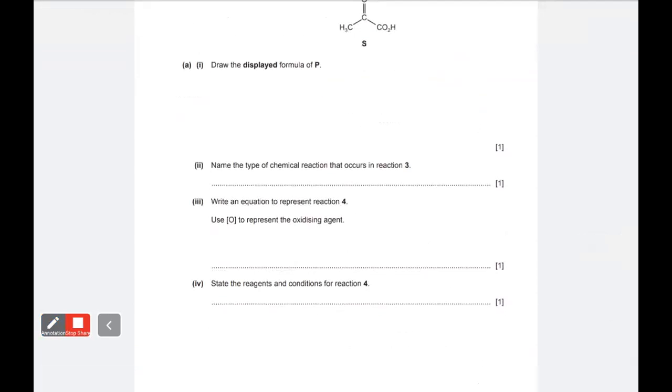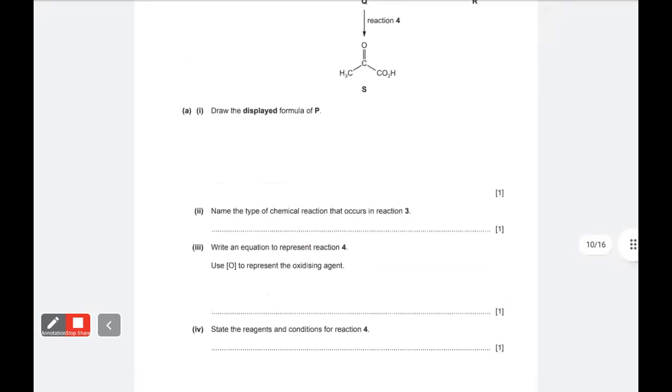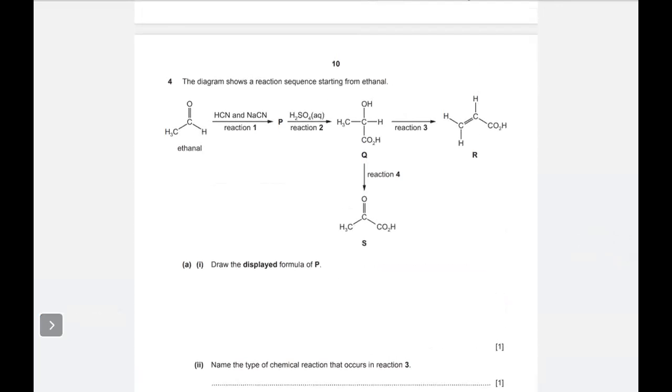Name the type of chemical reaction that occurs in reaction 3. OH and H go out and a double bond forms. It's a dehydration. A water molecule is going out. Dehydration or elimination. The real mechanism name is elimination.